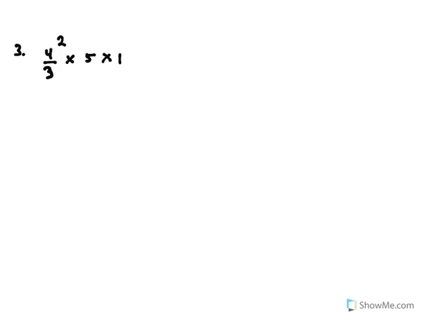Okay, and what we want to do is, this is going to be 4 thirds. Let me write that a little bit better. Okay, it means 4 thirds times 4 thirds twice.